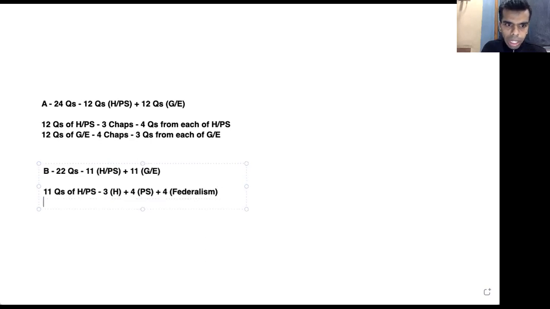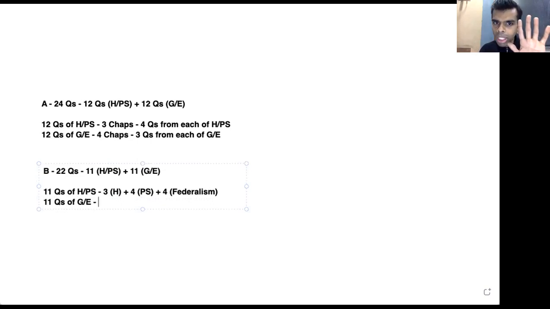Similarly 11 questions of geography and economics, this has been divided as, अब 11 questions हैं, chapters हैं 4, so it has been divided as 5 for geography and 6 for economics.